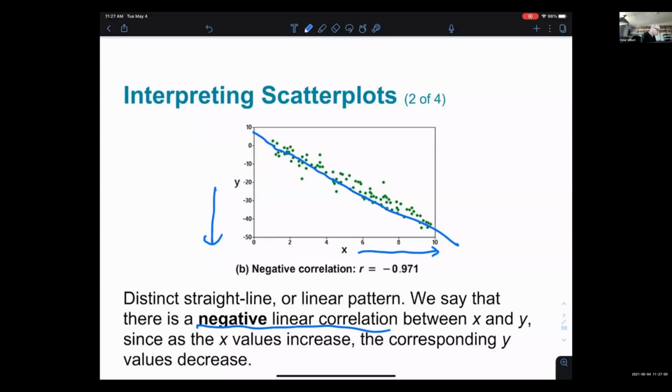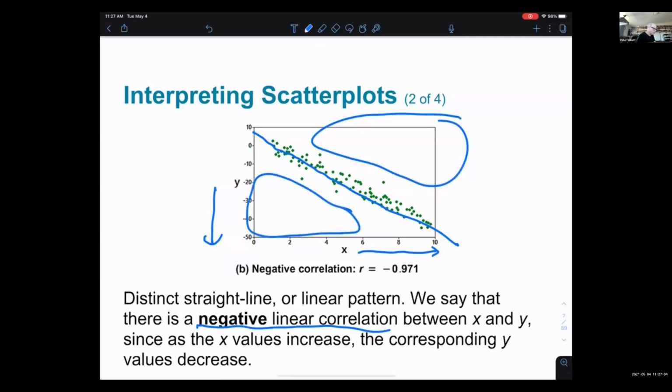And we also do see these very large gaps here and here. There's really nothing deviating very far from the line. And so the linear correlation is quite strong here. And you can see that by looking at the R value itself, because it's quite close to -1.